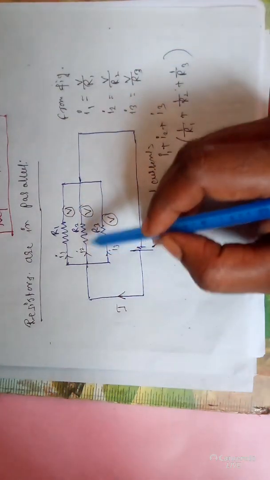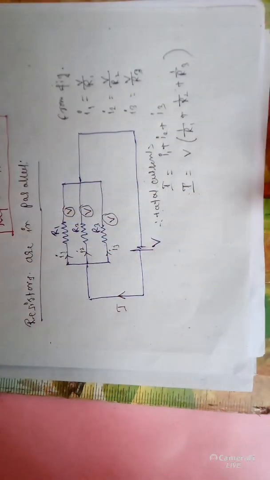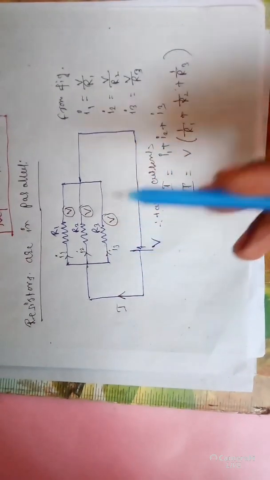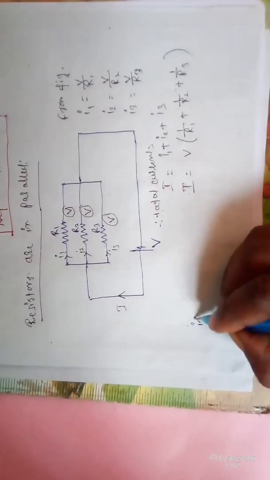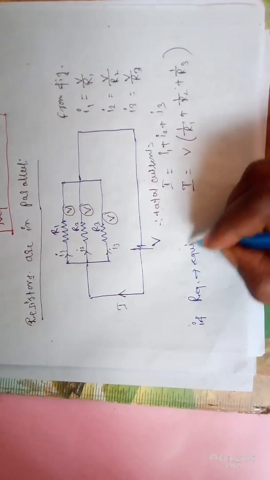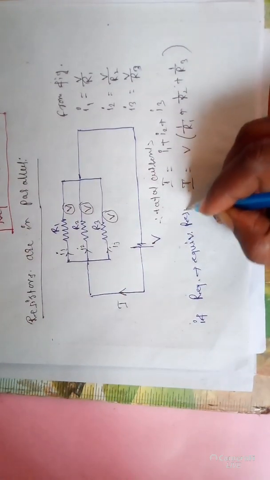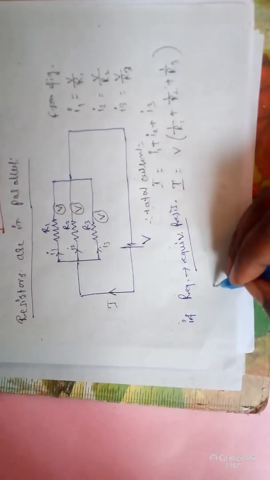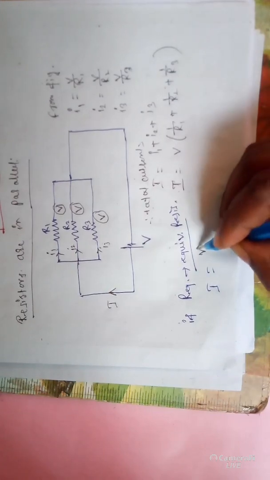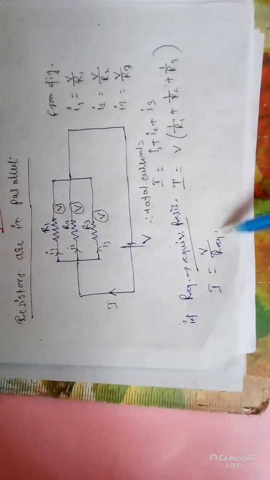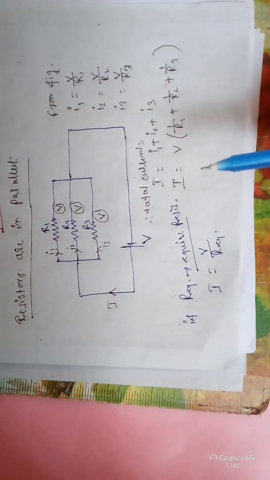Now if we consider a single resistance, then what will be the value of current? Current will be the same, only the resistance will be different, right? If R equivalent is the equivalent resistance, then I is equal to V by R equivalent. Can you write? Similar formula, the V is equal to IR formula will be there, only with a single resistance.